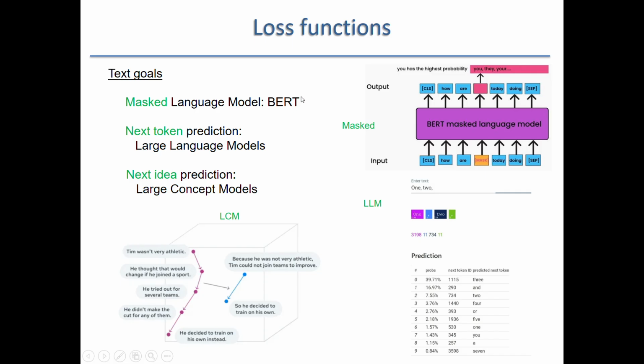And this is the basis of some famous models from before the current LLMs, that was BERT. And we can extend that to next idea prediction, not predicting the next token, but predicting the next idea. Then you have sentences, so you have to predict the whole sentence. That is the next idea. These large concept models do that.